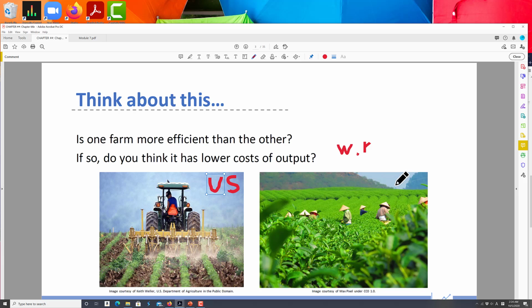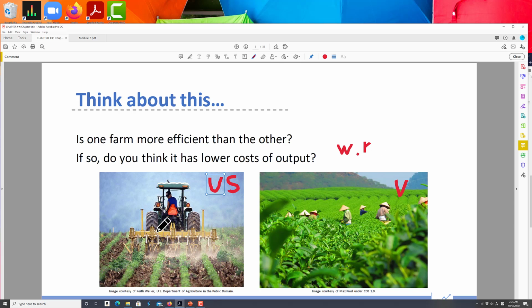On the right, we have a bunch of farmers using conic-shaped hats. This looks like Vietnam. So which farming method is most efficient? Well, it all depends on the factor prices like wage and rent.